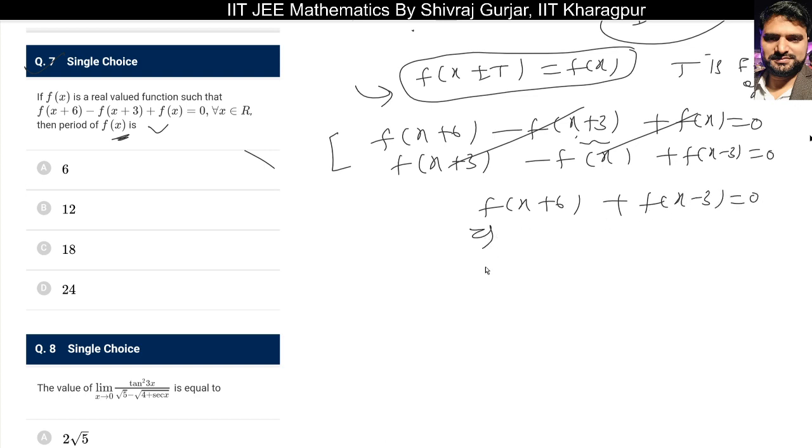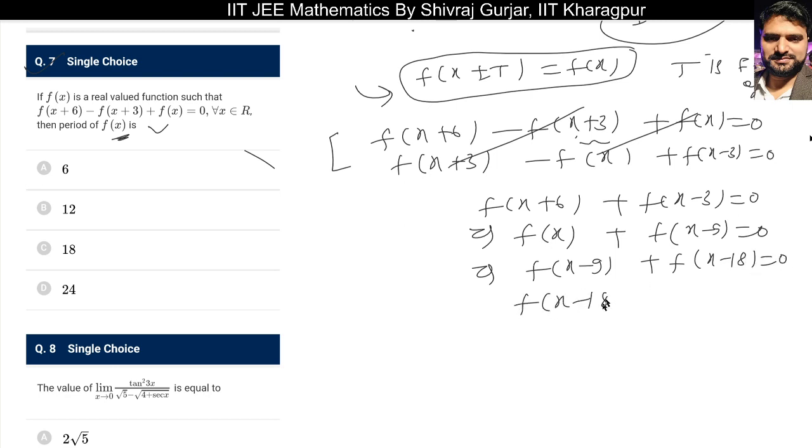Okay, so let us replace x by x minus 6. That will convert it to f(x) plus f(x minus 9) equals 0. Now let us replace x by x minus 9. That will give f(x minus 9) plus f(x minus 18) equals 0. So f(x minus 18) is nothing but minus f(x minus 9), and f(x minus 9) is itself minus f(x).